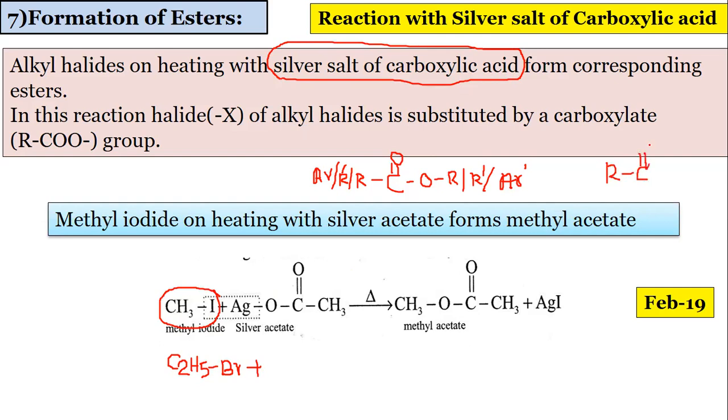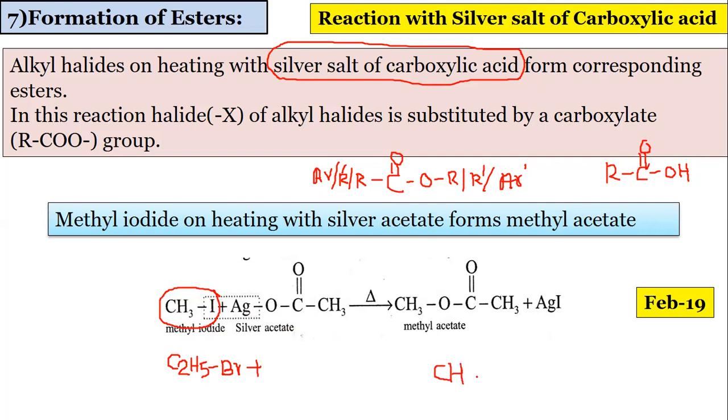This is the functional group of carboxylic acid, RCOOH. This is a general carboxylic acid. So in case of formation of salt, what happens? See, AgOCOCH3. Now I will explain how this salt is prepared.